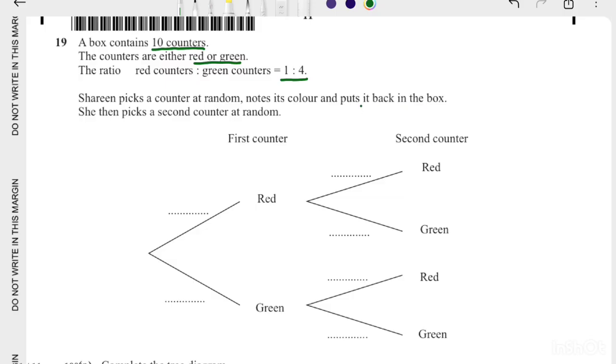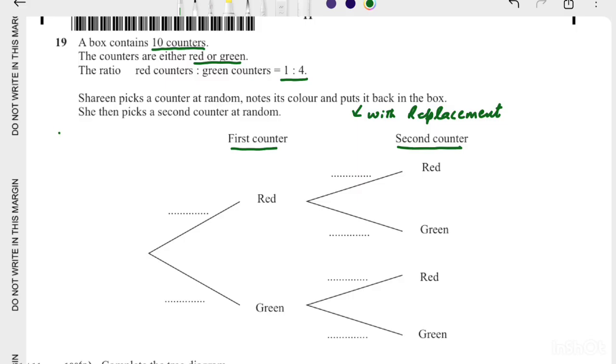It means this is a with replacement case. She then picks a second counter at random, first counter and second counter, and the ratios are given.